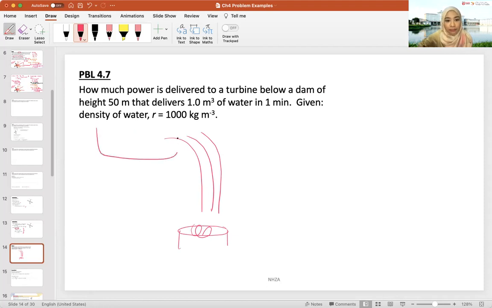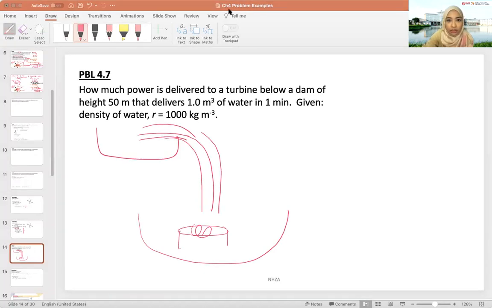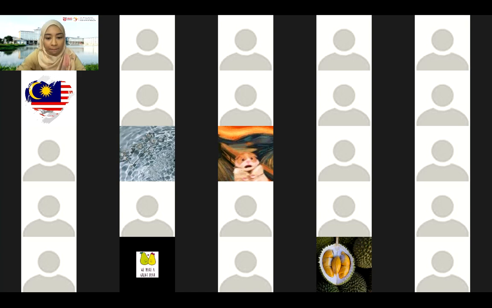So this is our dam and water is flowing out of the dam into this turbine, into something, I don't know. What does it look like? Let's Google it. Saya rasa saya kena tahu juga, nanti saya nak cerita susah. So am I still screen sharing? Stop share.